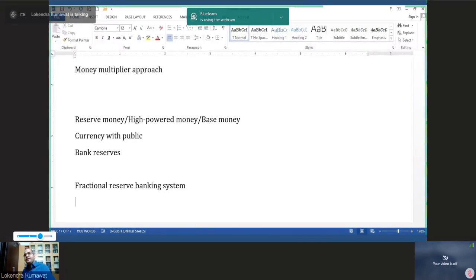The person who has taken this loan will keep part of it as cash and deposit the rest with another bank. The other bank will again keep some proportion as reserves and loan out the rest. In this process, the total amount of deposits created will be much larger than the initial money that you had got from the central bank.